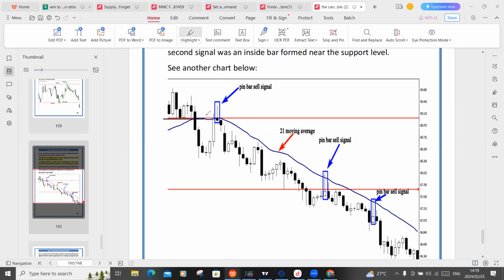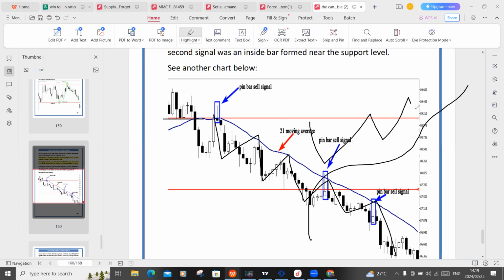A person once asked me to please elaborate on moving averages, so I'll just give you another note here. No matter what moving average you're using, if price is trading below your moving average, it means it's a downtrend. If it was like this and the price is trading above, it means it's an uptrend.